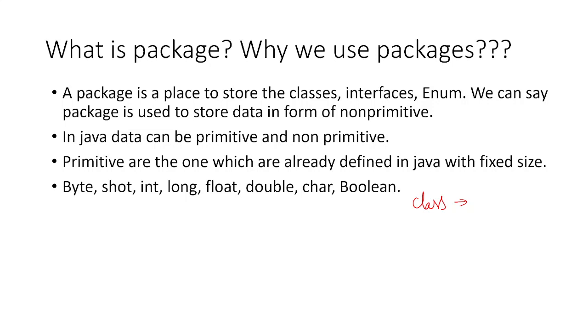For example, if we take a building, whenever we build it, first we will draw the blueprint, like this room should be at this particular place, and this room should have this length and this width. And the behavior will be like the kitchen room is used to cook, and the drawing room is used to spend time. In this way, the behavior of that particular room will differ.